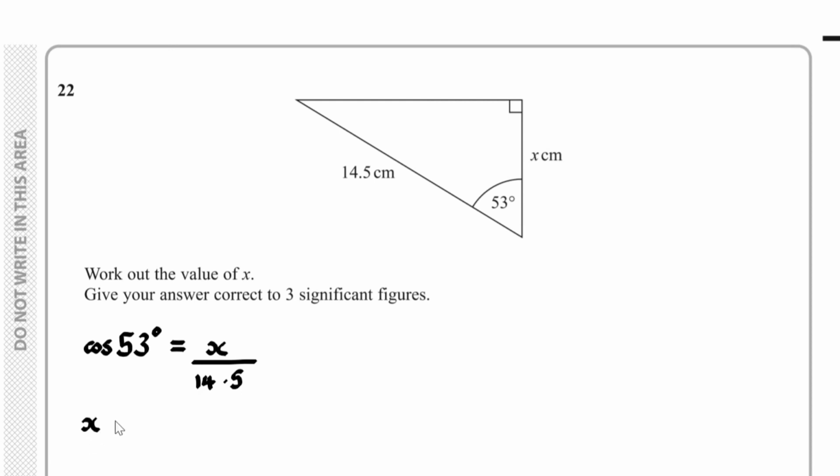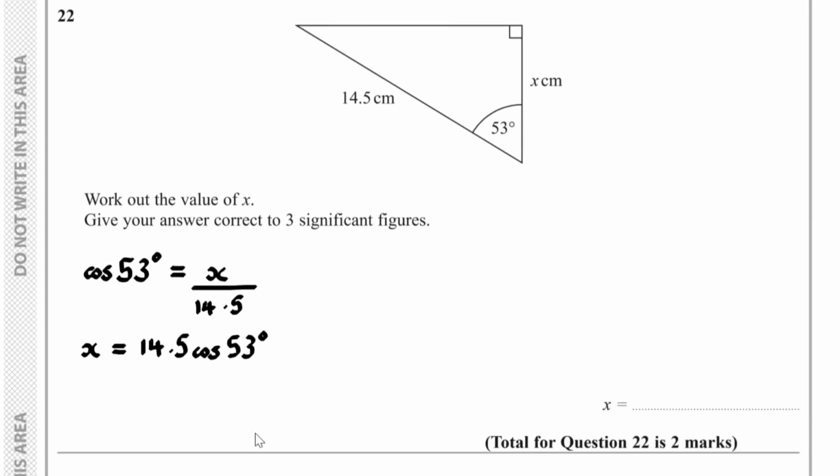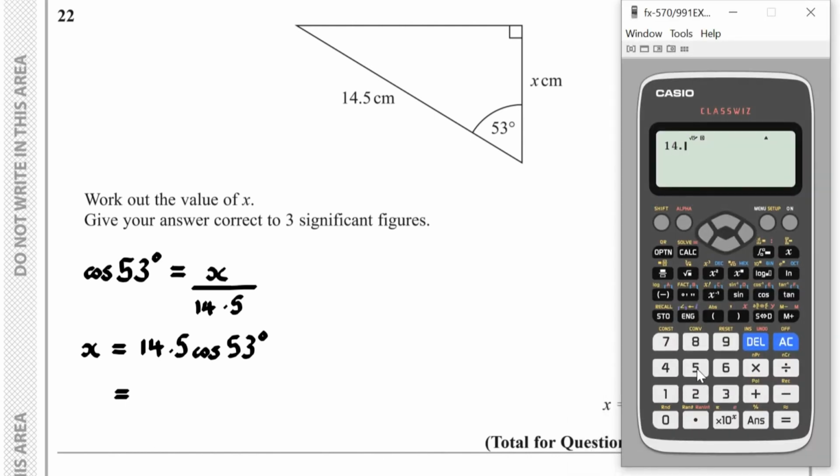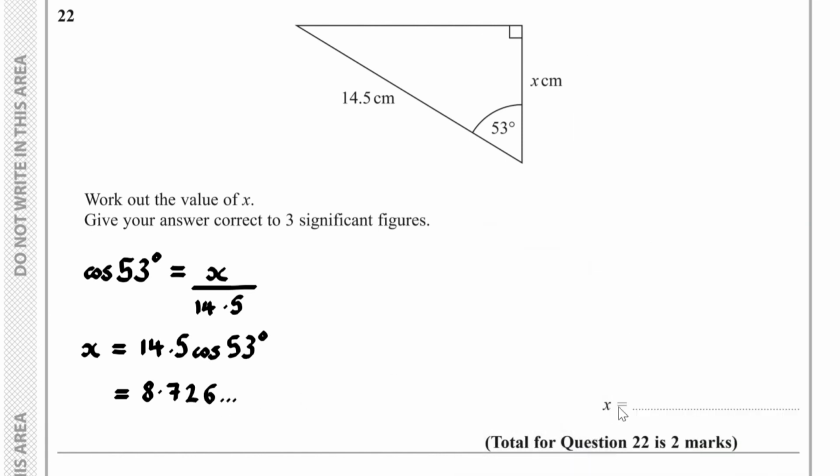So I've got x equals 14.5 multiplied by the cosine of 53. So if we work out this value, we have 8.726, etc. So to three significant figures, we have 8.73.